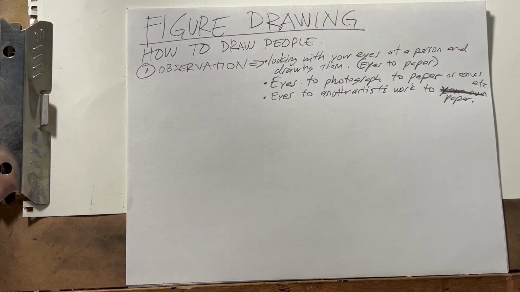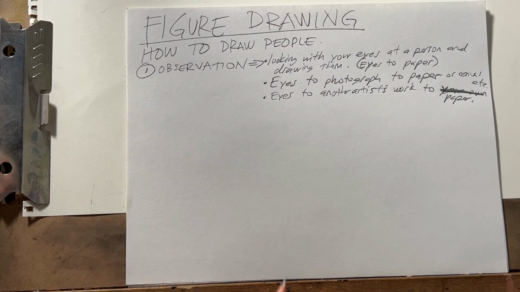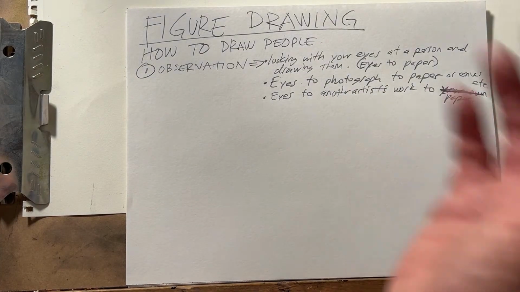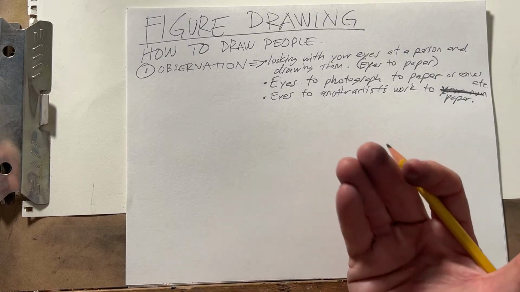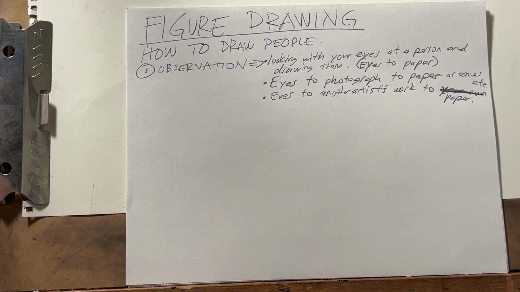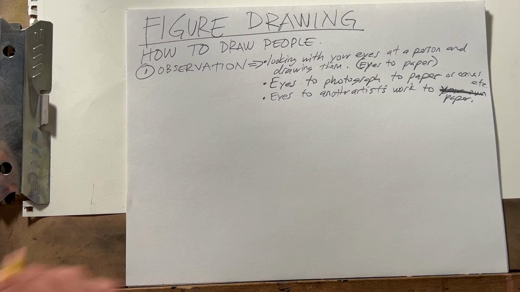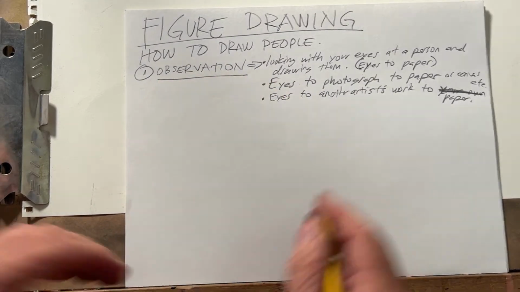So you can look at a person real live, real time. You can look at a photograph and then go to your paper. And then you can look at another artist's work. Let's say you like anime style, and you look at anime artists and copy their work, get their vibe, their style, whatever. Okay. So those are some ways of observation, okay?